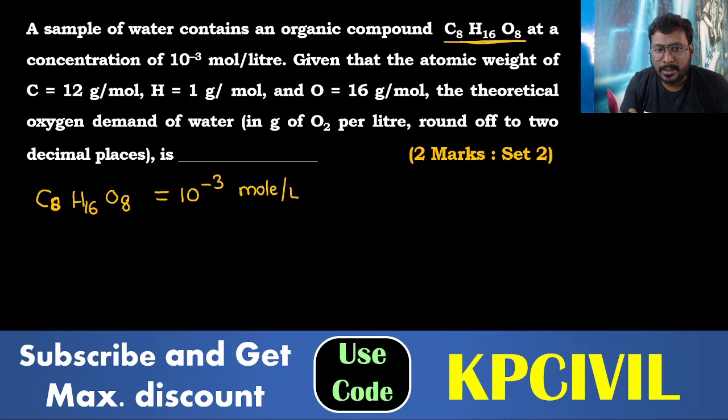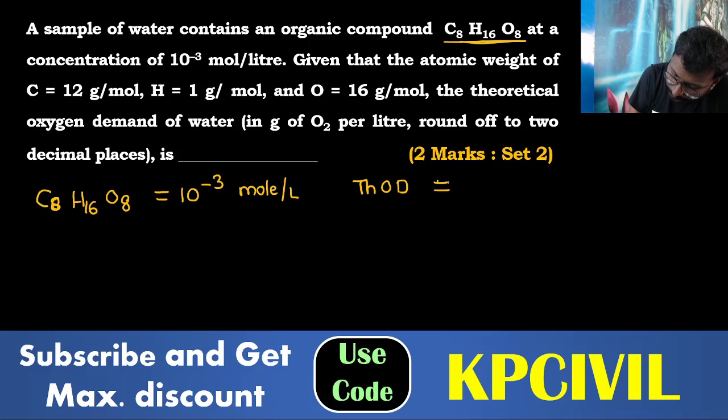Given atomic weights: carbon 12, hydrogen 1, oxygen 16. Theoretical oxygen demand of water in gram of oxygen per liter. THOD required in gram per liter.